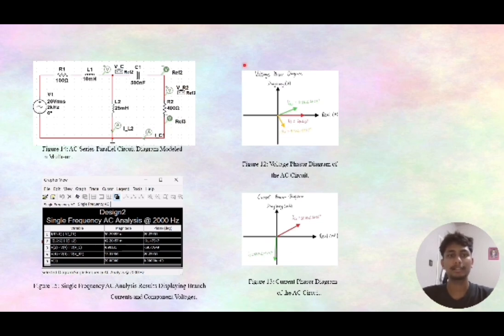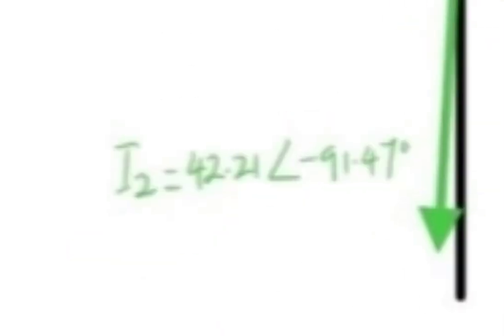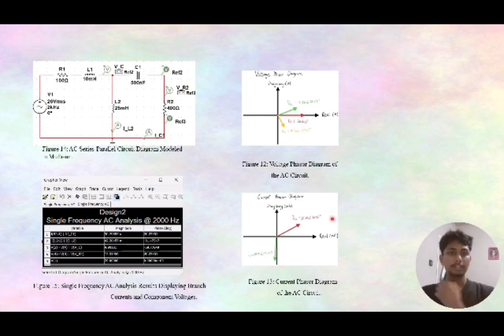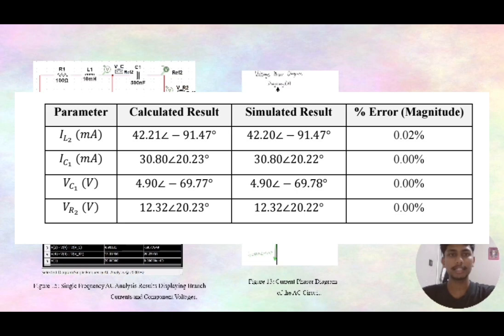Similarly, the current phasor diagram shows the relationship between IL2 and IC1. Because the circuit contains reactive components such as inductors and capacitors, the currents are not in phase and appear at different angles.